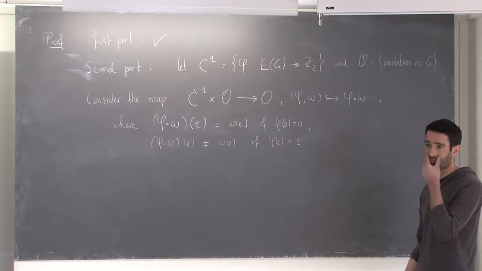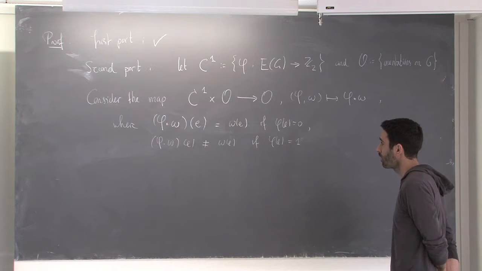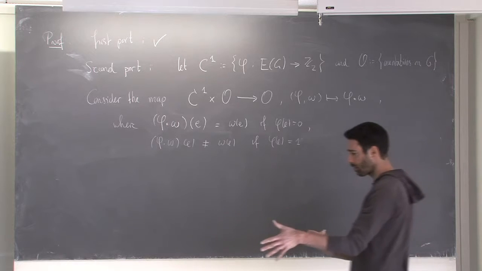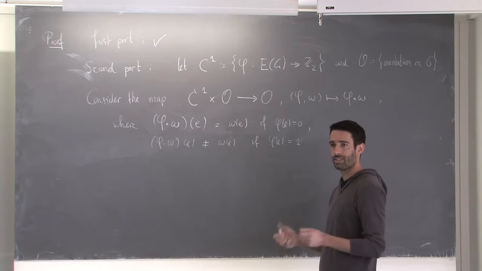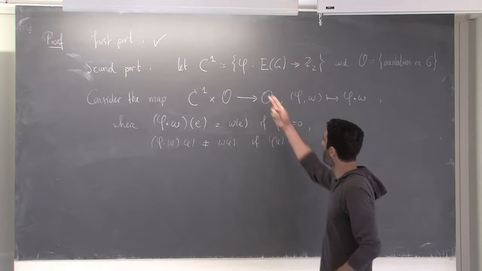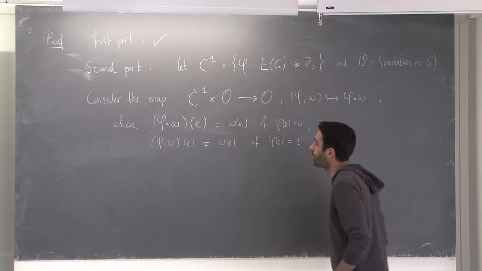You understand this map? So you just say you have an orientation, you have a map on edges, and the way this map on edges acts on orientation is saying you switch the orientation whenever this map has value 1 on the corresponding edge. Okay, that's just what it means.